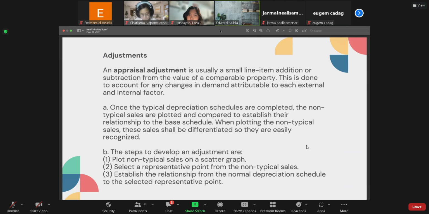So, how did you get the -10 sa effective age? Oo nga, tama naman si Miss, na-extend ang economic life. Pero paano na-derive yung number na 20 from 30?